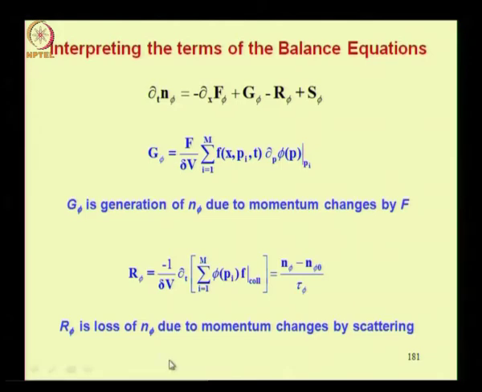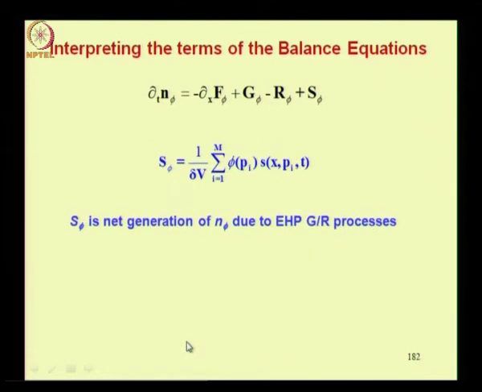So R phi can be seen as counterpart of G phi. S phi, this expression also I did not write on the board because we said we will directly work with the physical interpretation of S phi. It is the net generation of n phi due to electron hole pair generation recombination processes.